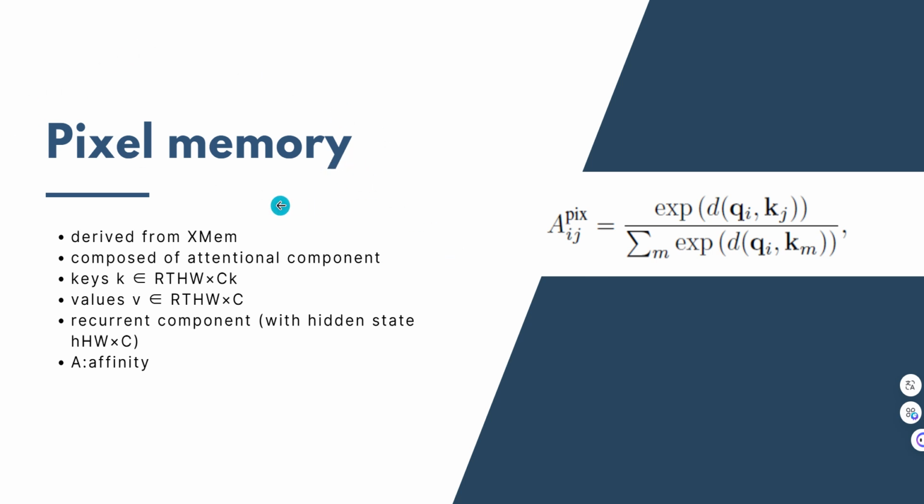The pixel memory basically just stores the components needed by the attention structure, like the keys, values, and the recurrent components with the hidden state called H. It also has the parameter called affinity, which indicates the relationship between Q and K, and in this formula you simply use the dot product.